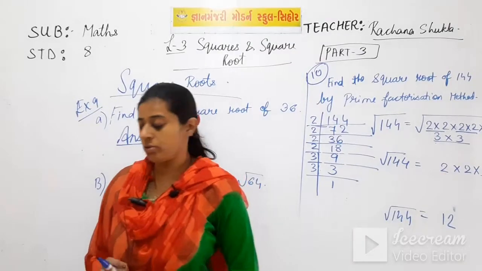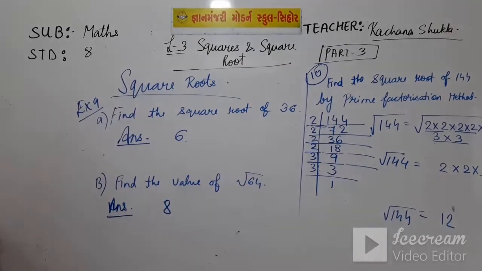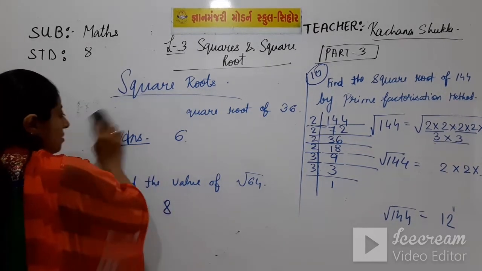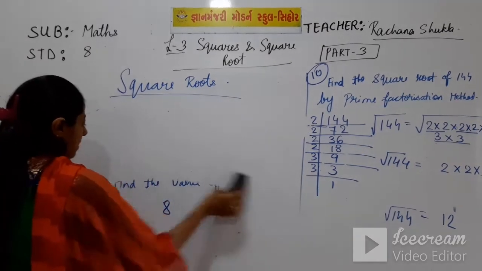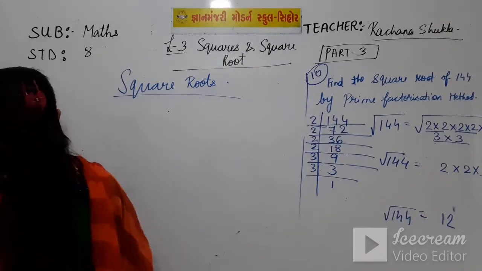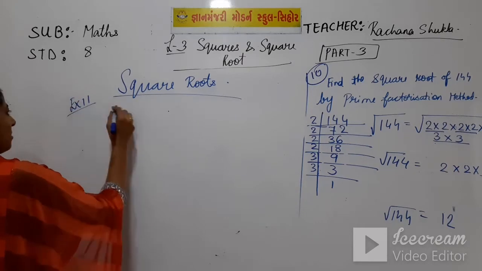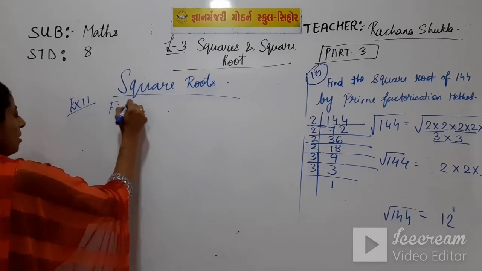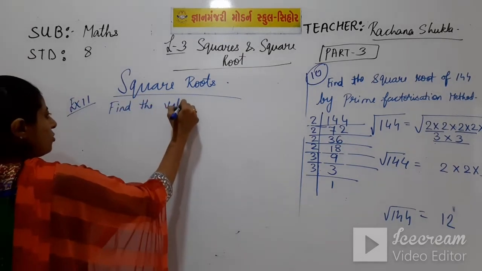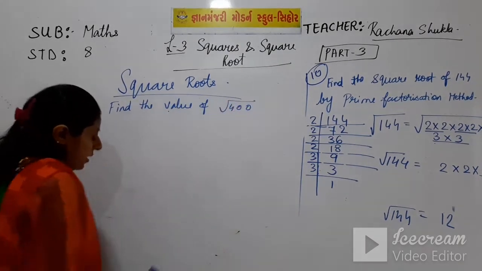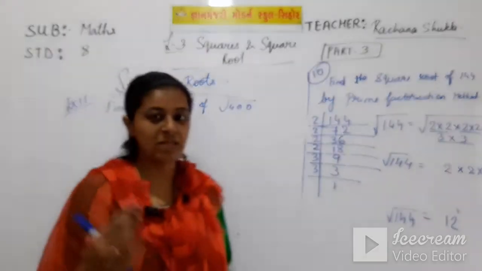Now I am showing you example 11, how to solve that. Example 11: find the value of root 400 by prime factorization method.